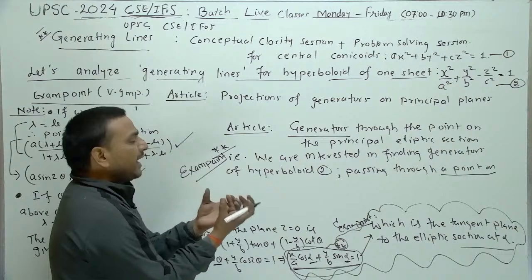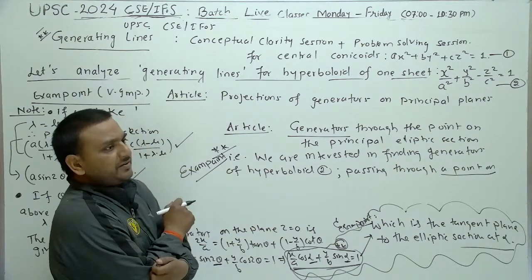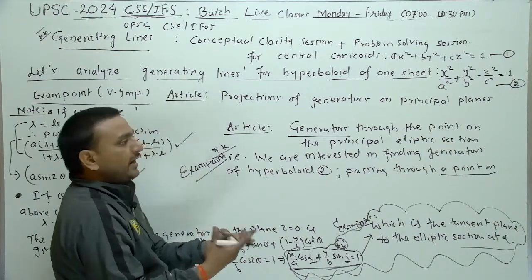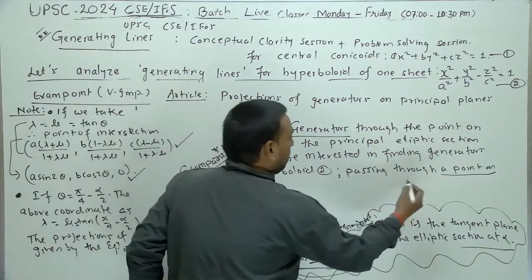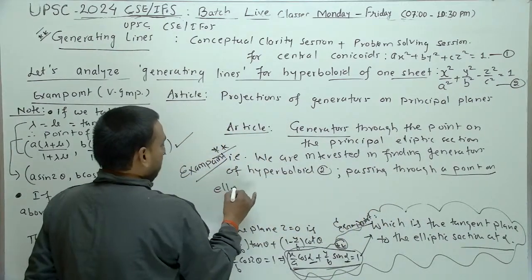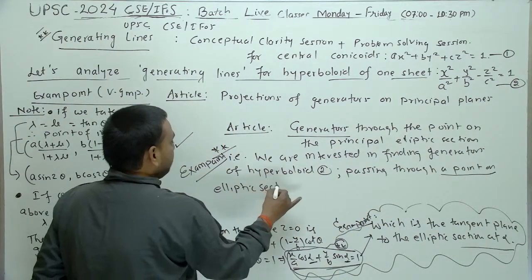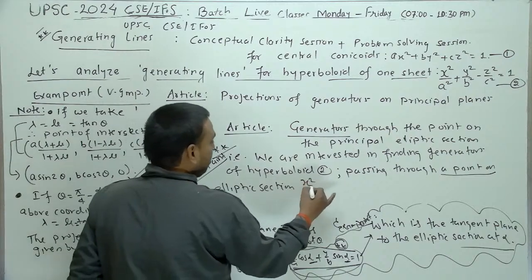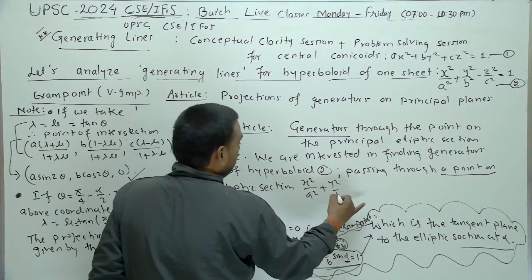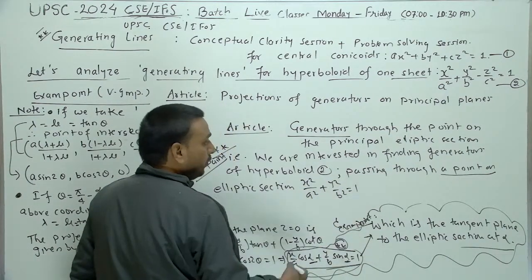Whenever you want to write some point on the elliptic section, how do you take that general point? A point on the elliptic section: what was the elliptic section we got? x square upon a square plus y square upon b square equals 1.